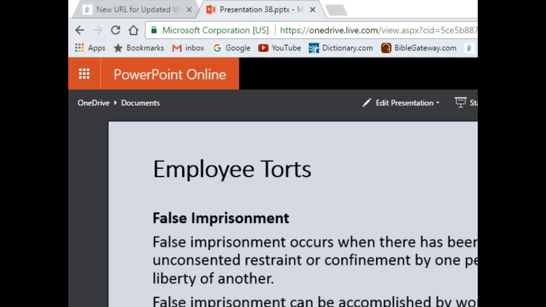Those types of matters can lead to a false imprisonment claim, where one's liberty of action, one's confinement has been obviously impaired by the exercise of another's intentional actions. False imprisonment is a claim that often finds itself in employment litigation under common law.